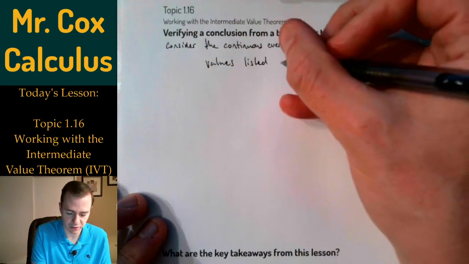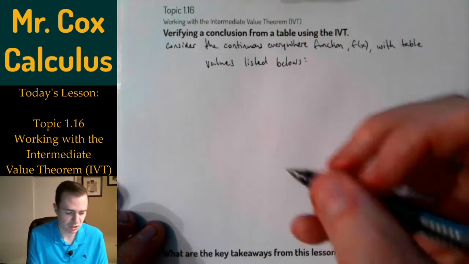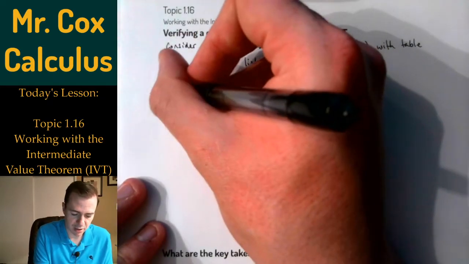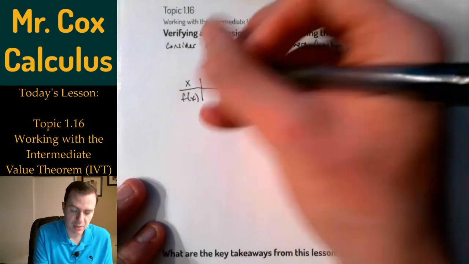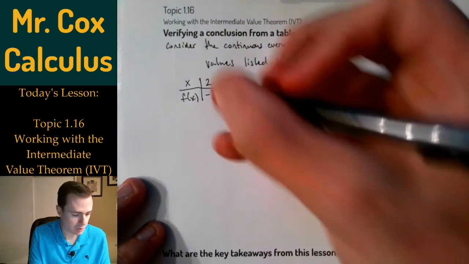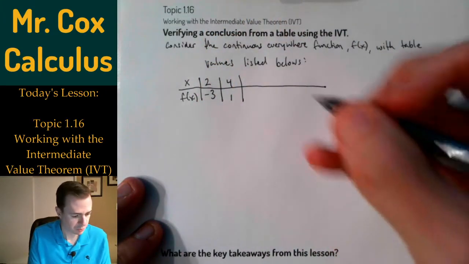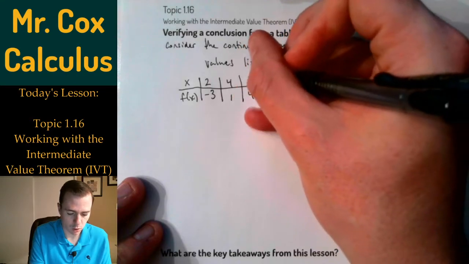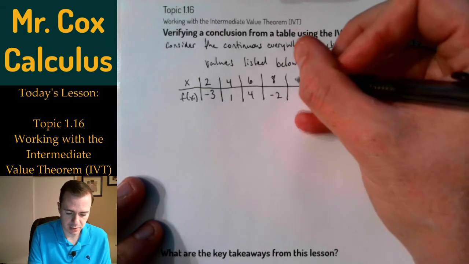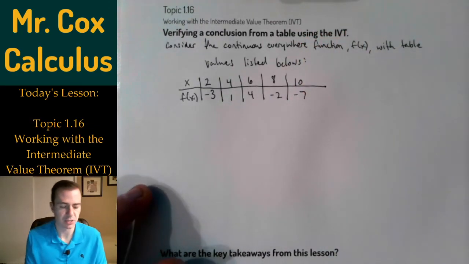We'll look at values of x, and we'll look at values of f of x. The points we're going to put on our table are 2, negative 3; 4, 1; 6, 4; 8, negative 2; and 10, negative 7. So there are some table values for this particular function.